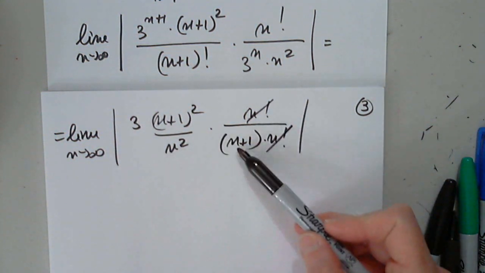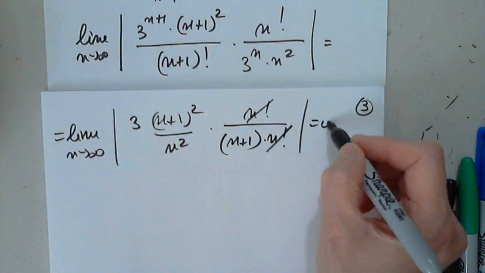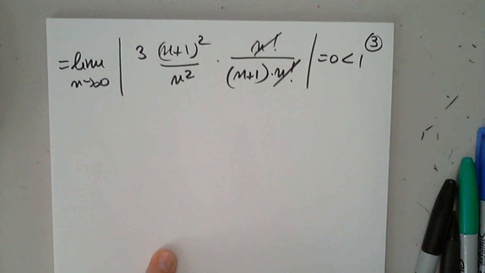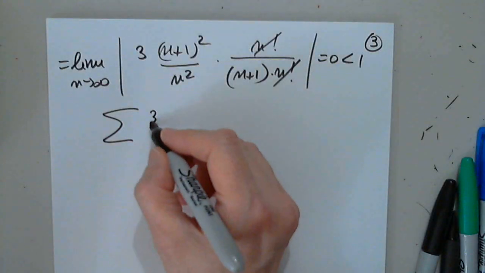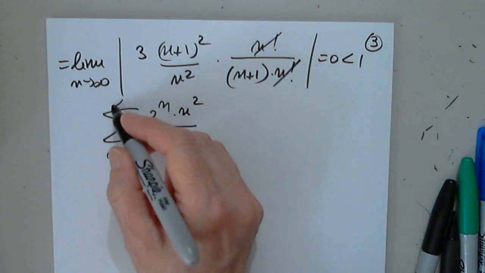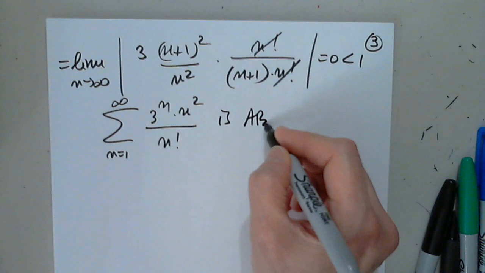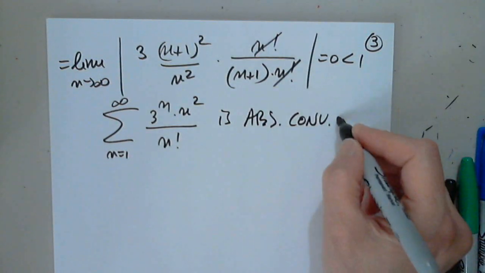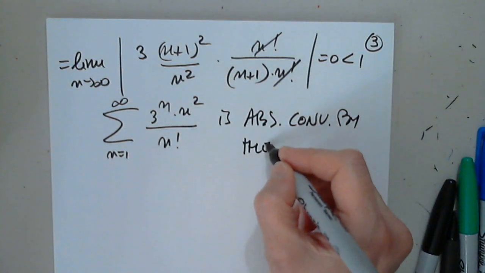So this has degree 3, this has degree 2, so the limit is 0, which is less than 1. So then we conclude that the original series, which was 3 to the n squared over n factorial, is absolutely convergent by the ratio test.